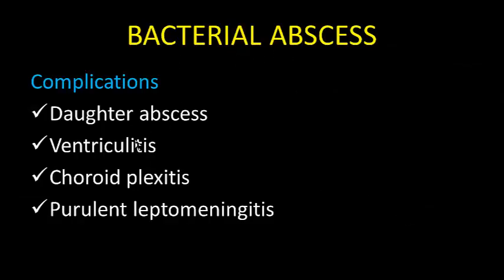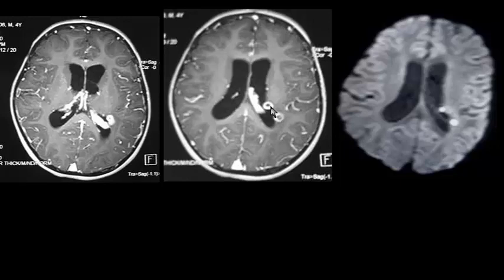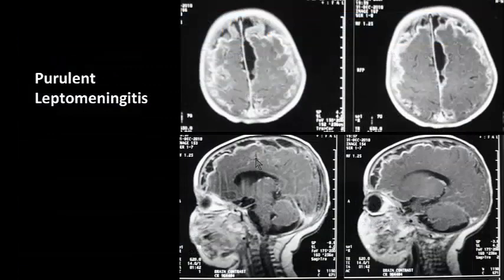The bacterial abscesses can also be complicated with daughter abscess, ventriculitis, choroid plexitis, and purulent leptomeningitis. Here is an example of two daughter abscesses with choroid plexitis, and you see the diffusion restriction in the center part of this. This is a purulent leptomeningitis.